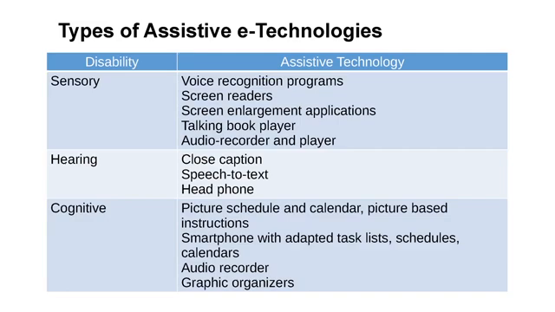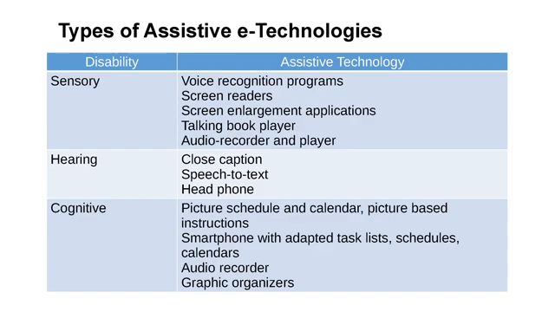For people with sensory disability, we have voice recognition programs, screen readers, screen enlargement applications, talking book player, and audio recorder and player. For those with hearing problems, we have closed caption, speech to text, and headphone.